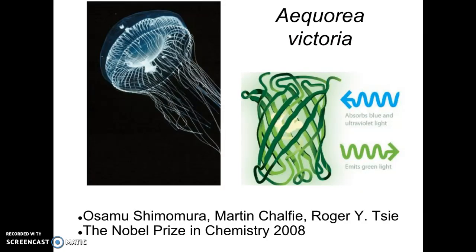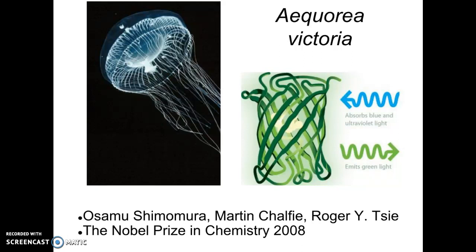But like I said, it came from a jellyfish in the northern Pacific Ocean around Washington and Oregon, and Shimomura isolated it. Marty Chalfie was the first person to tag a protein and put it into another live animal.